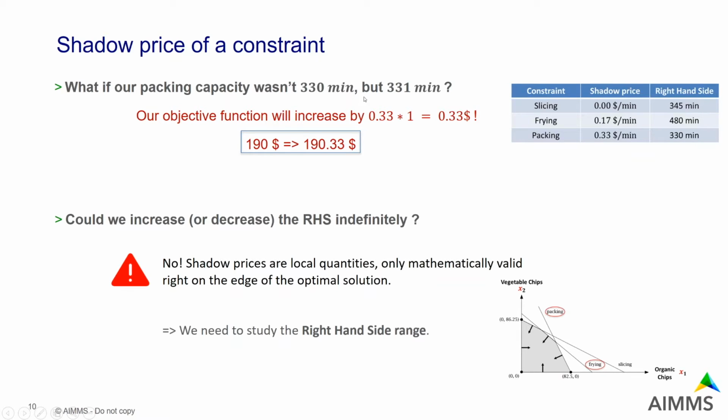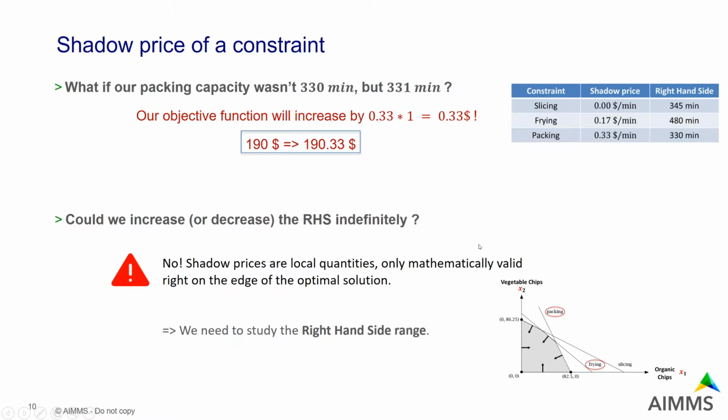When I modify the model by adding 1 minute to the right-hand side of the packing capacity, I change the model, and thus we are not sure that the shadow price is the same. We will get back to that later, but this gives you a real nice feeling of what a shadow price is for a certain constraint.